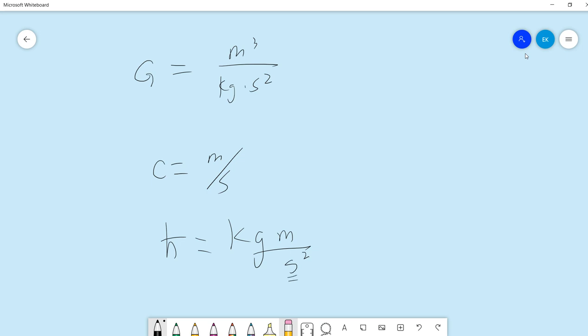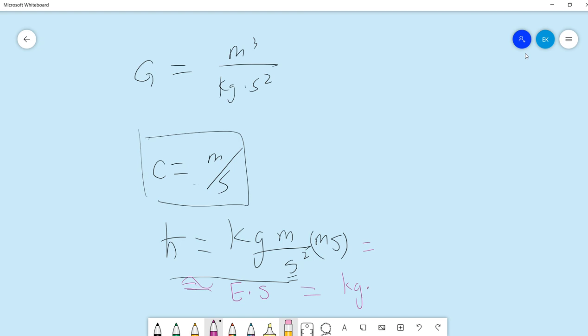Let me derive these three. h bar can be thought of as having the unit of energy times second. What is energy? Energy is basically kg times velocity squared.